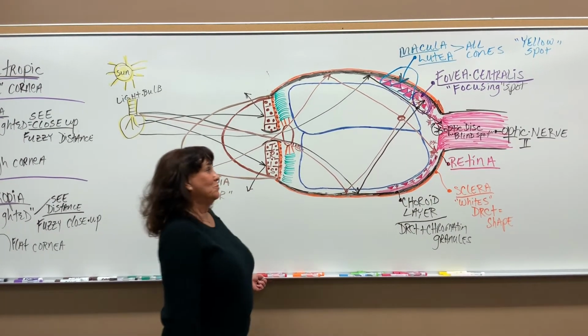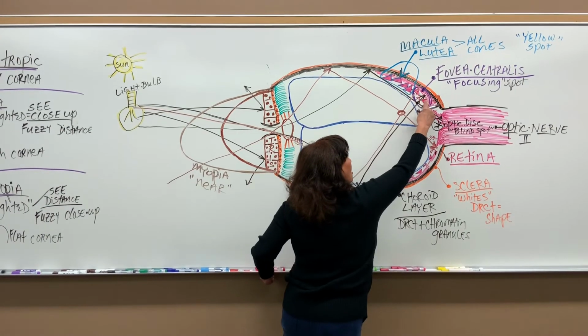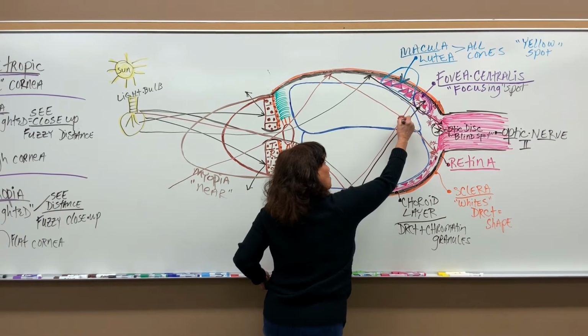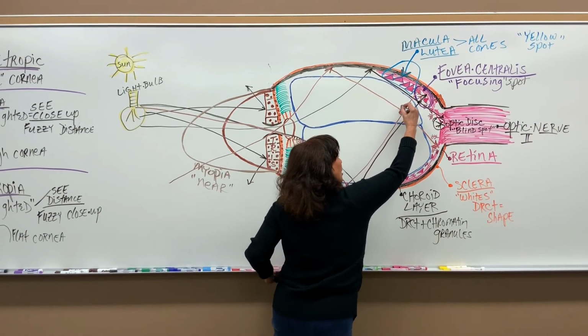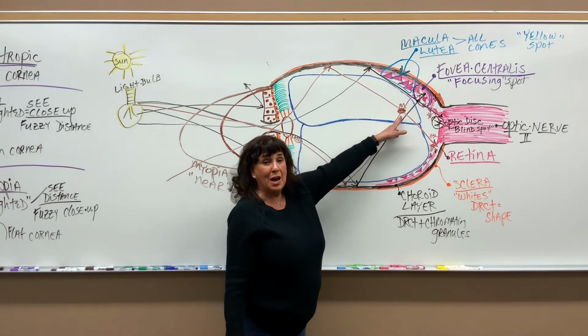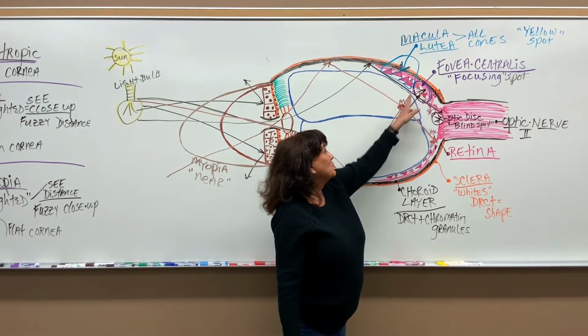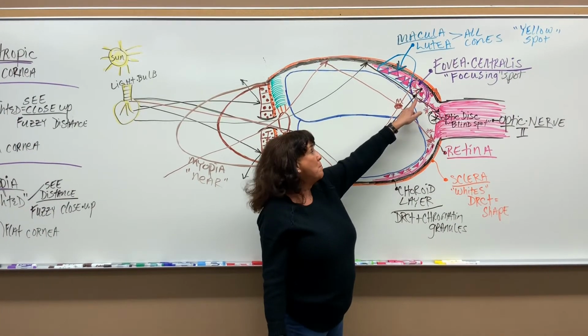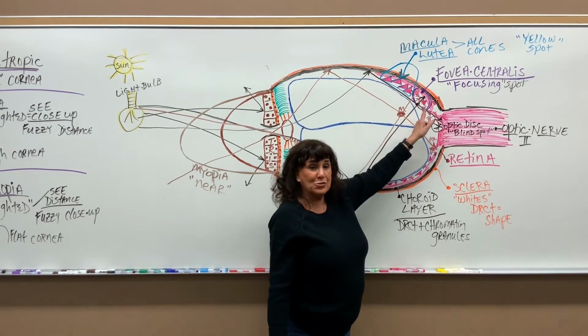Where is that? My gosh, it's not even on the focusing spot. It's way in front, right here. That means you can see close up, but you can't see distance, because you can't get your light rays back here on the fovea centralis.